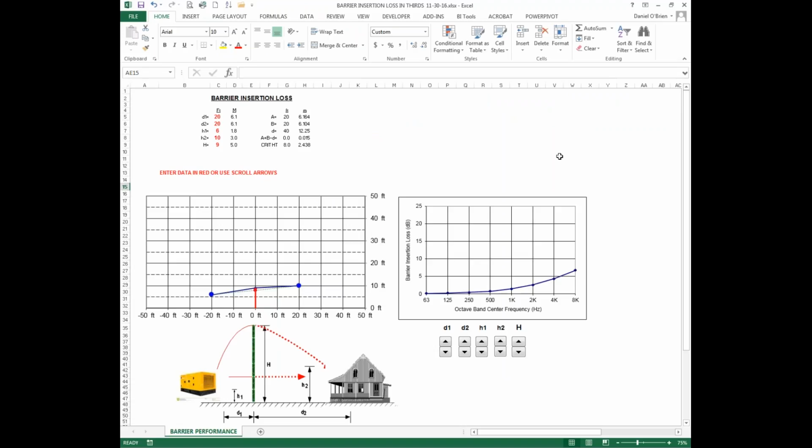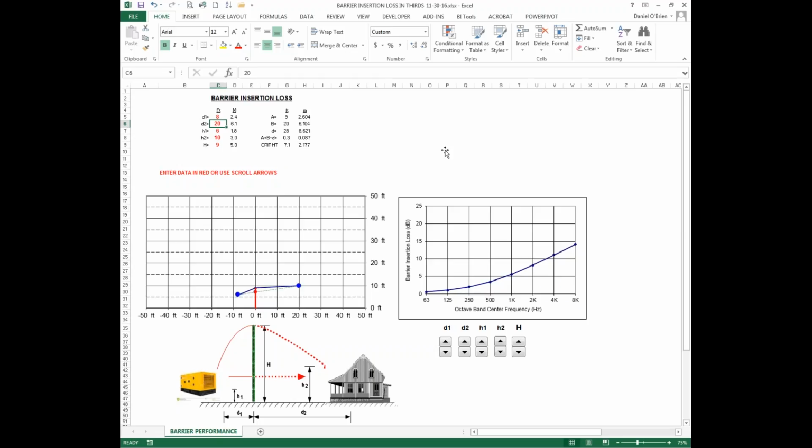So this is a similar configuration to what we had before. We have a little schematic here that indicates the path that the sound has to follow across the top of the barrier, while we start to change some of these numbers.